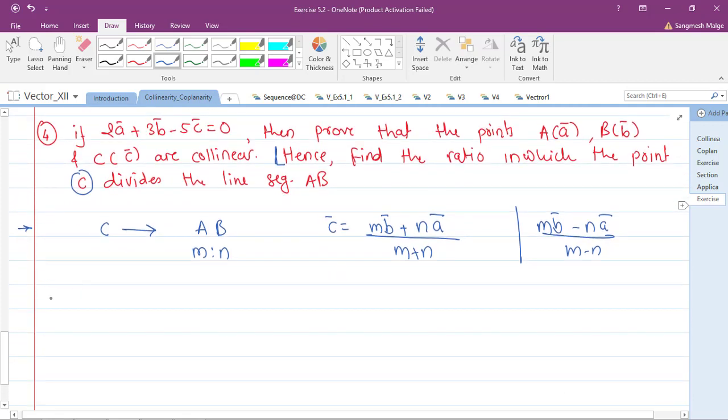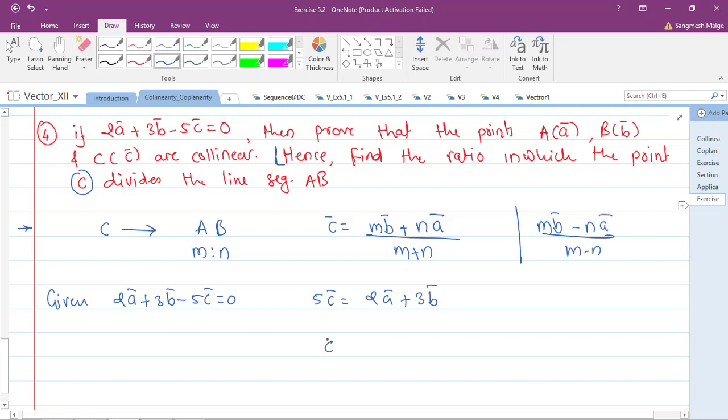The given information is 2A bar plus 3B bar minus 5C bar equals 0. So write down this equation in terms of C. 5C bar is equal to 2A bar plus 3B bar.